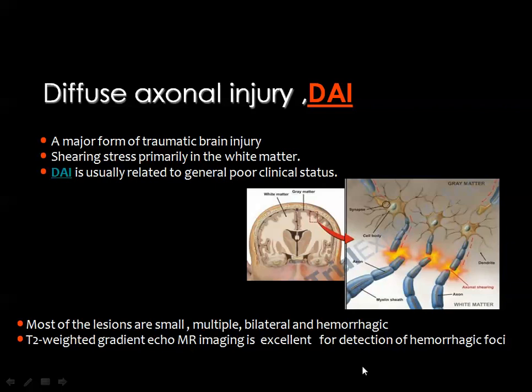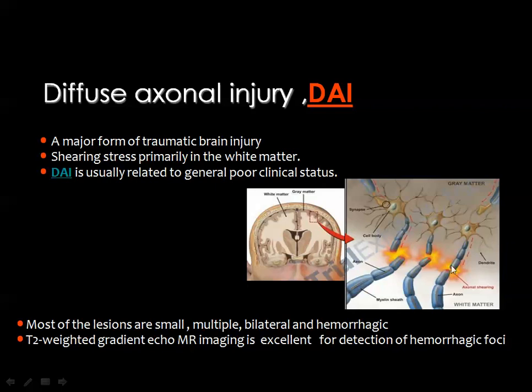Then the last issue in this particular section is the diffuse axonal injury. And this is a major form of traumatic brain injury, although the finding on imaging may be subtle. This injury is a shear injury or shearing stress in the white matter.